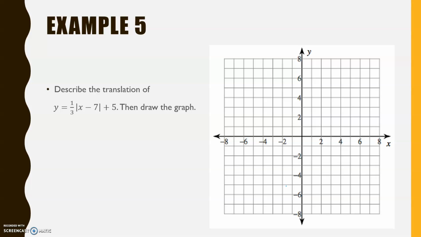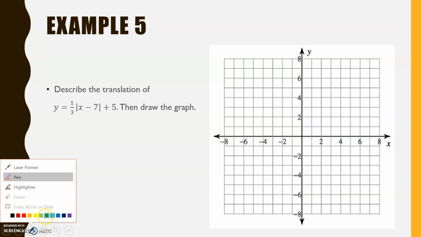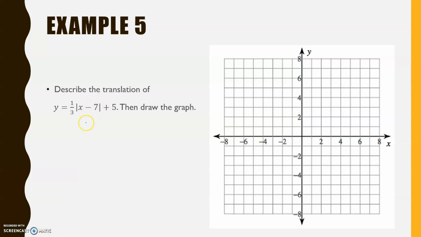All right, so for this one, looking at the inside, I've got -7, so that's going to be the opposite, and right 7. This one is +5, so the same, so it'll be up 5. So right away I'm going to put my starting point, right 7, up 5.